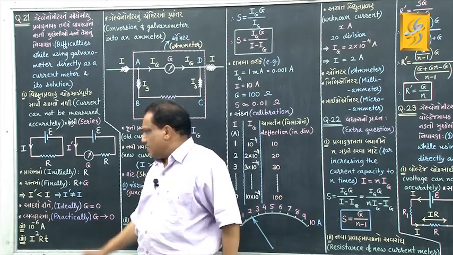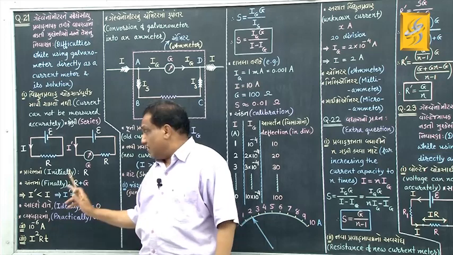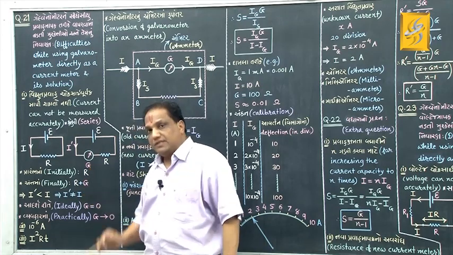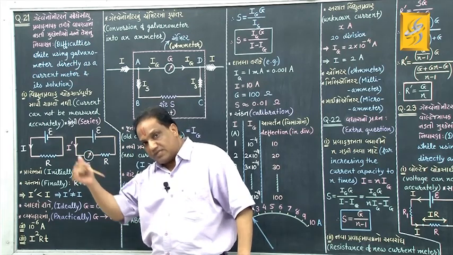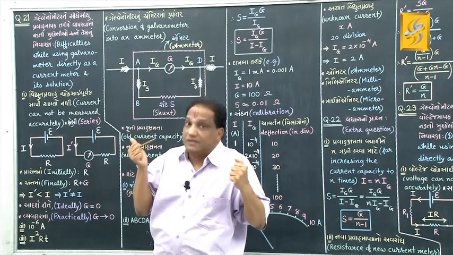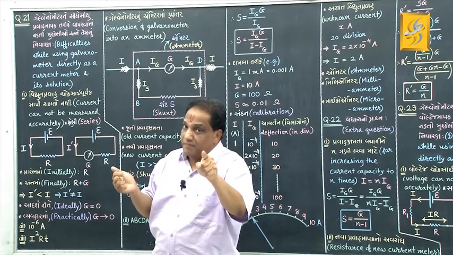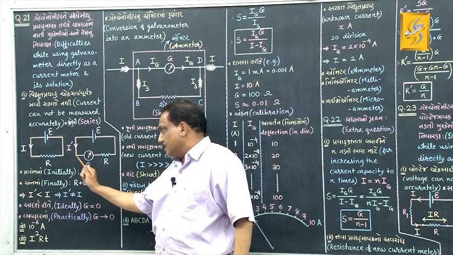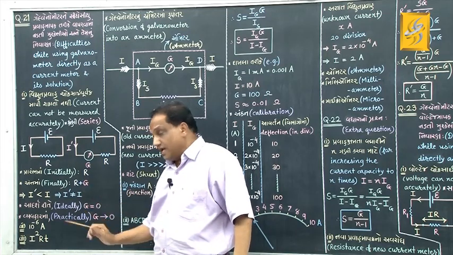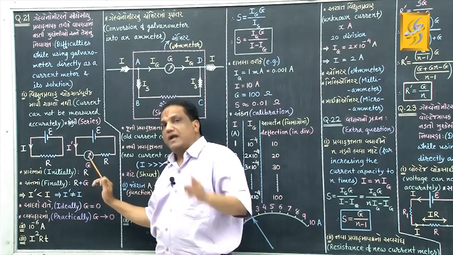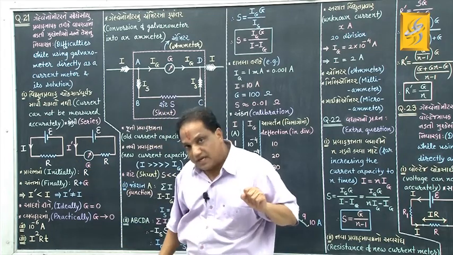Then naturally in this circuit I must connect the galvanometer in such a manner that the current to be measured must pass through the galvanometer, then only it can measure it, correct. But for that purpose I must connect the galvanometer with this resistance in series, then only the current to be measured will pass through it.